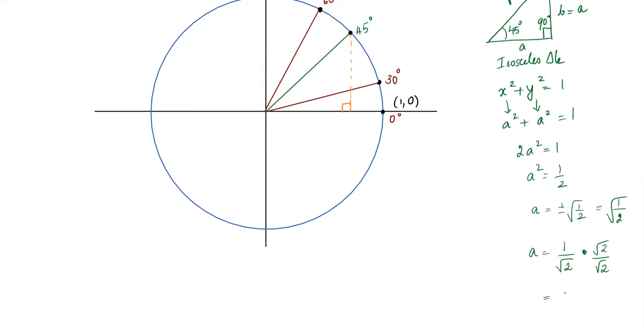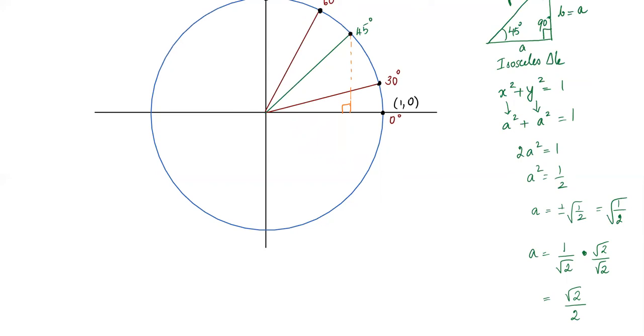So this in turn gives us square root of 2 over 2. The radical has moved to the numerator, which is not a problem. We can't have the radical in the denominator, and therefore, we have rationalized it. Okay? So square root of half and root 2 over 2 are the same. Just one is a rationalized version of the other.